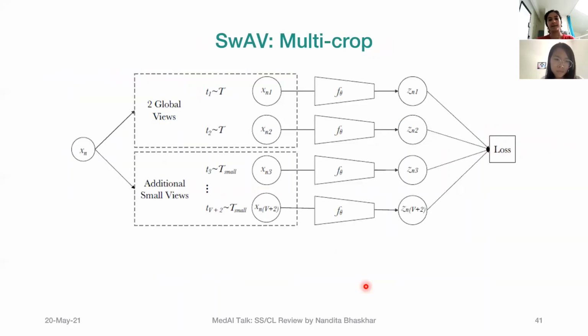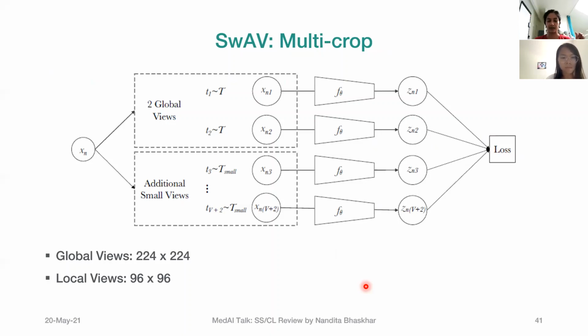So moving on to the other contribution from SwAV, which is the multi-crop. This is conceptually very simple, where instead of just taking two different crops randomly, they take multiple crops. For instance, they call something a global view if it's a larger crop, and a local view if it's a smaller crop.